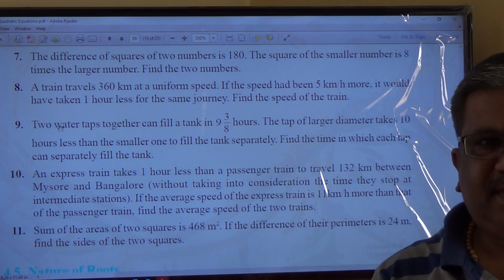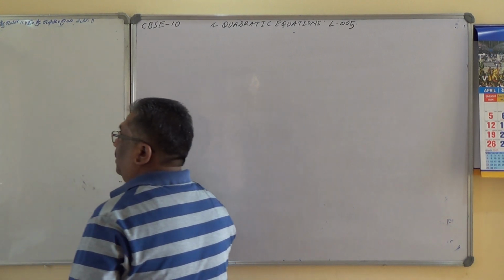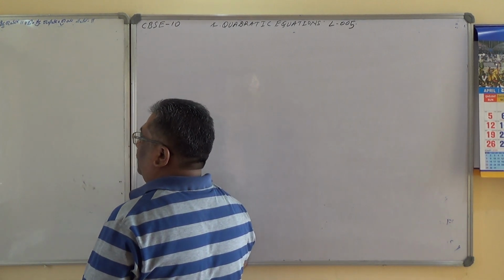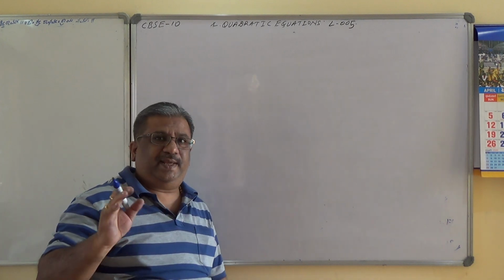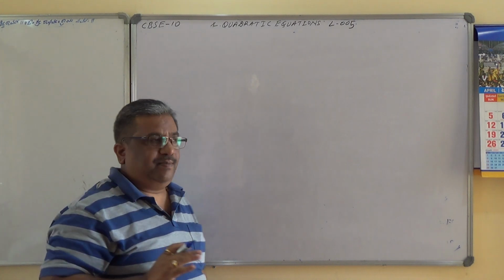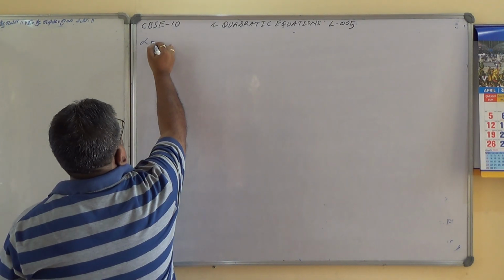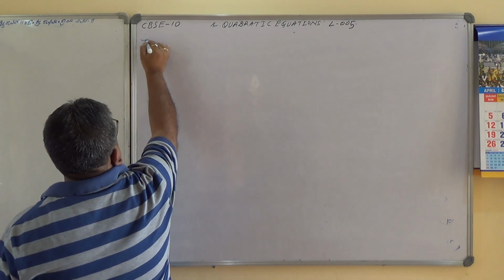Okay, let me take the seventh one now. The problem is the difference of squares of two numbers is 180. I am assuming the two numbers are x and y. Finally, substitute in order to get a single variable. Question number 7.